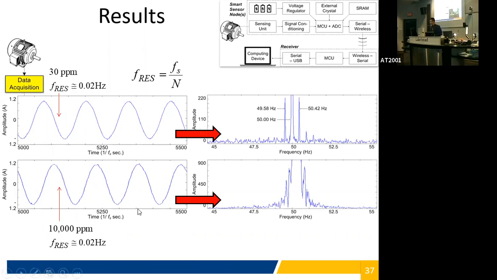But because these crystals are not quite the same, there are differences in the timing for such a system. With a good crystal, we can see the difference in frequencies, whereas with a worse crystal, even under similar sampling conditions, we cannot see it. So basically, we can use the top one for fault detection, and the bottom one is not practical for our purposes.